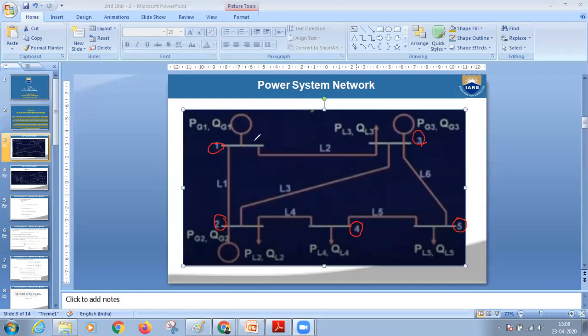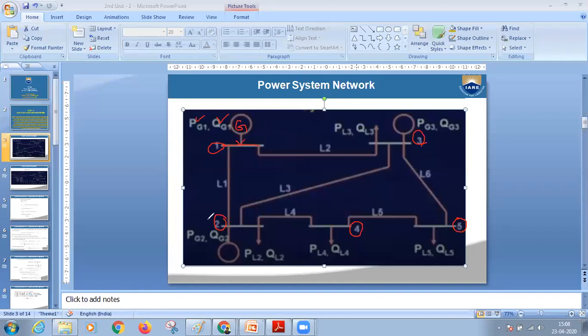If you consider the first bus, here you have only the generator. Only a generator is connected to bus number 1, so the real power and reactive power generated by this first bus are Pg1 and Qg1, and this real and reactive power will be fed into the bus.